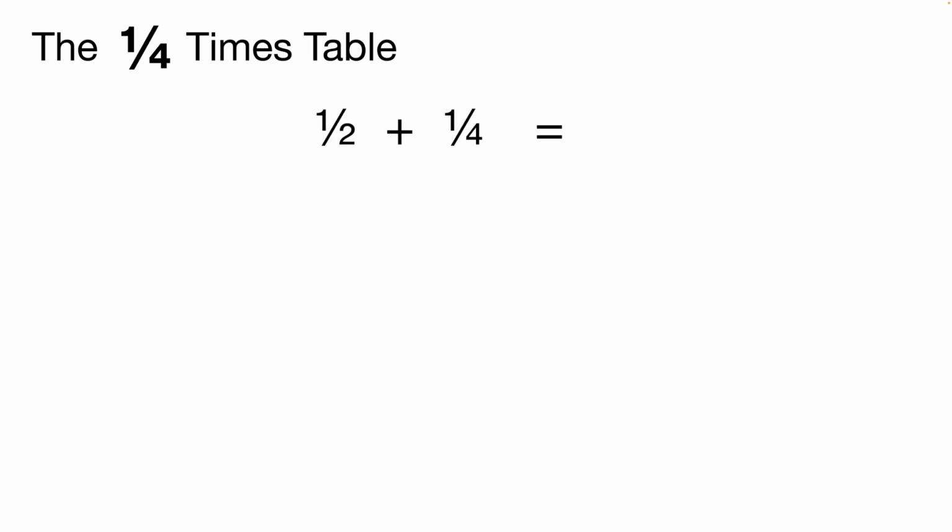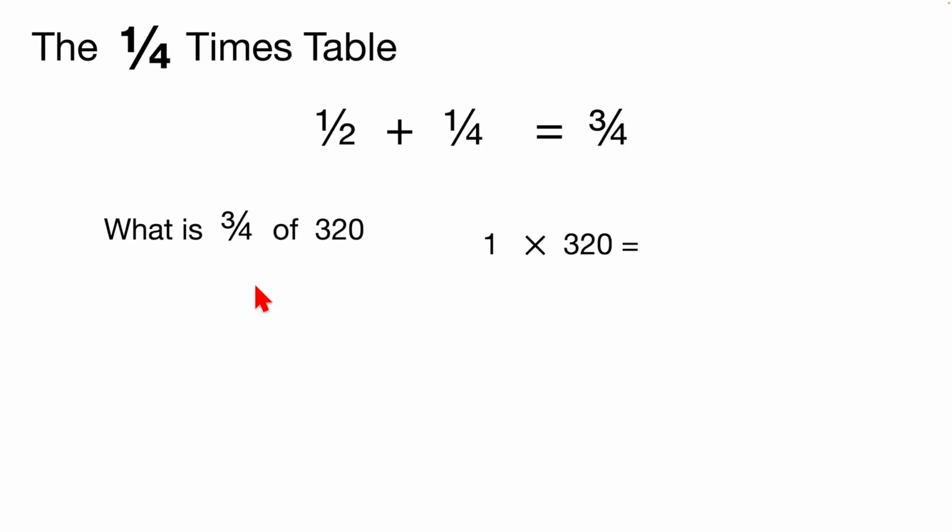Well, a half plus a quarter is 3 quarters. So if 3 quarters of 320, I don't know about that. 3 times 320 divided by 4, messy. But look at this. 1 times 320 is, as you know, 320, divided by 2, and a half times 320 is 160.